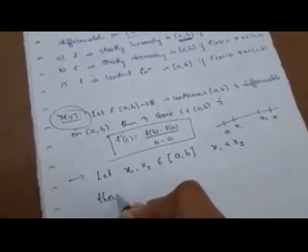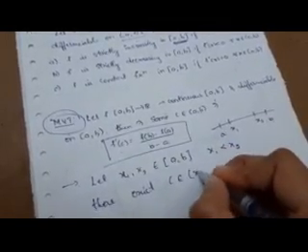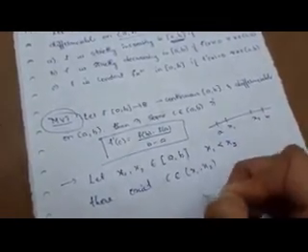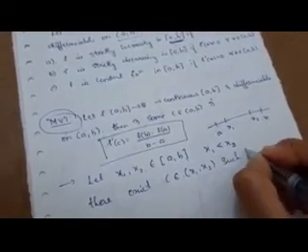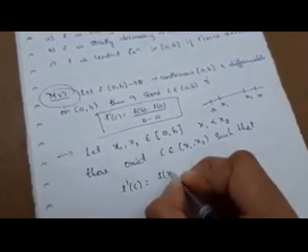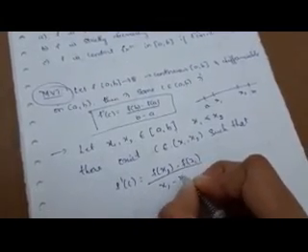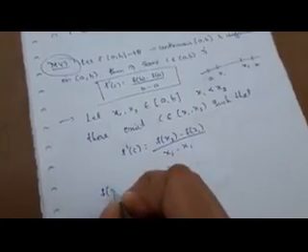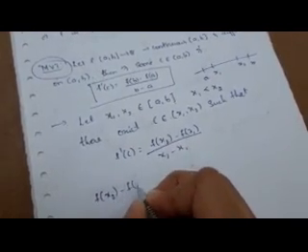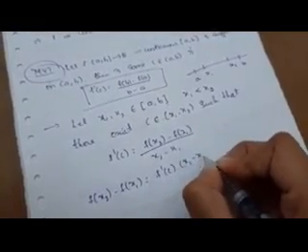So by using the mean value theorem, there exists c belonging to the open interval x1 comma x2 such that f dash of c is equal to f of x2 minus f of x1 divided by x2 minus x1. If I move x2 minus x1 to the left-hand side, then f of x2 minus f of x1 is equal to f dash of c into x2 minus x1.